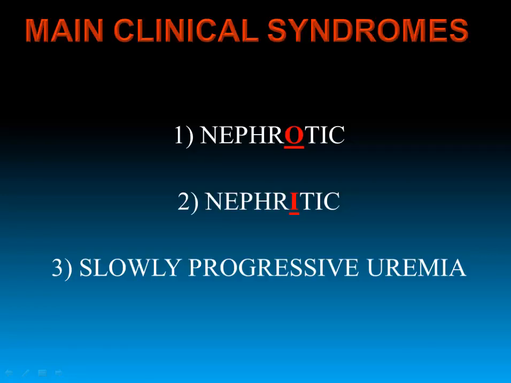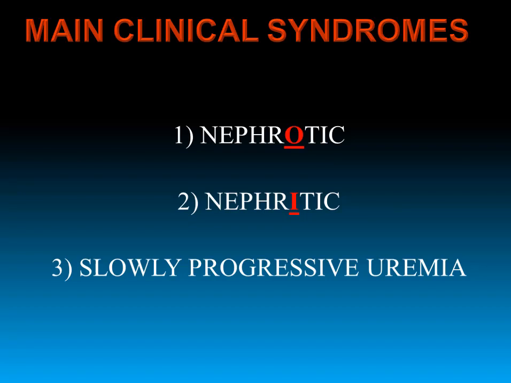Main clinical syndromes of glomerulonephritis are nephrotic syndrome, nephritic syndrome, and slowly progressing uremia. Let's start from the last one, slowly progressive uremia. It is associated with hyalinosis of glomeruli on the background of chronic glomerulonephritis.